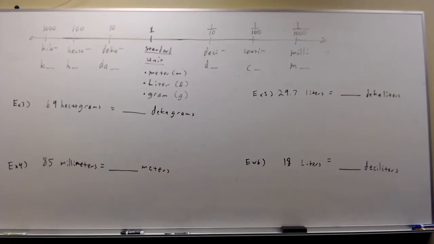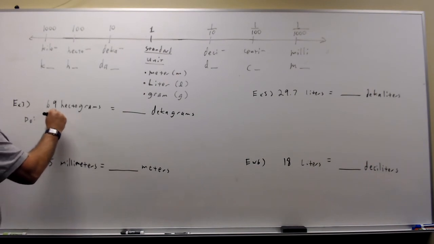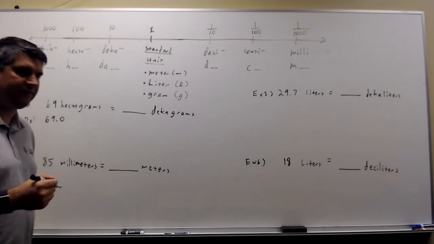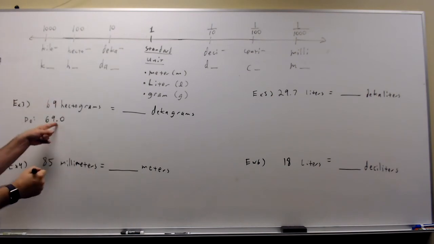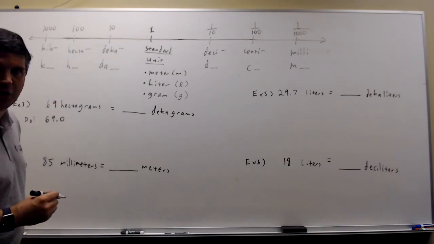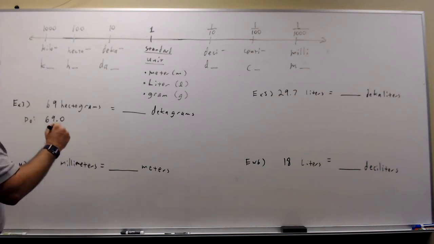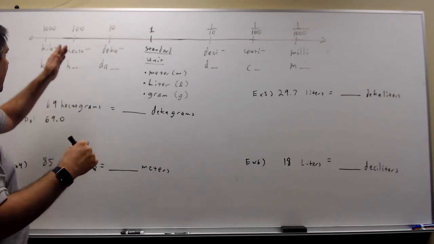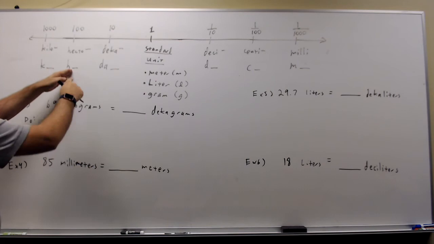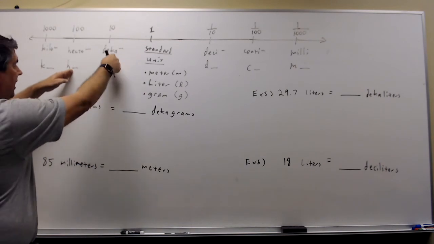All right, I'm going to pause here to clear the board and move this up. Okay, I've got 4 more here. This is 69.0. If you see an integer, stick a decimal point and a 0 after it if you don't know what to do with it. So we are at hecto. We are trying to get to deca.